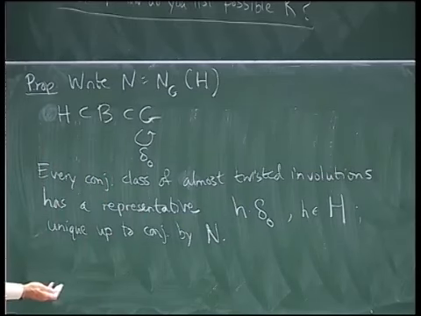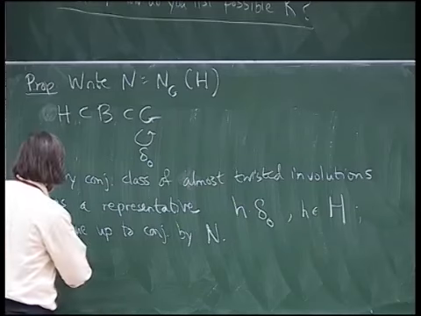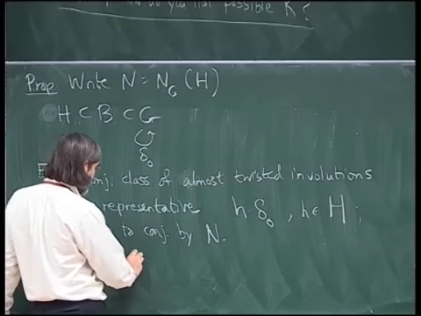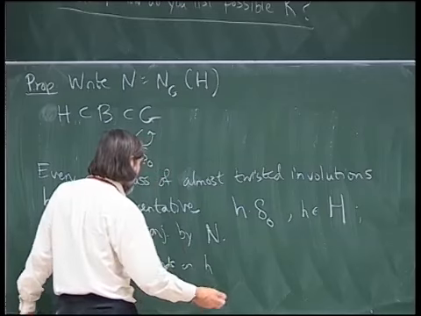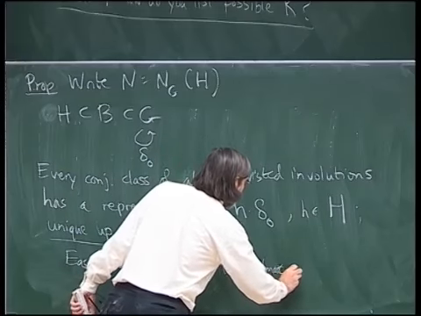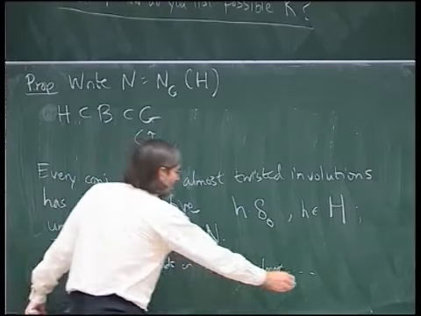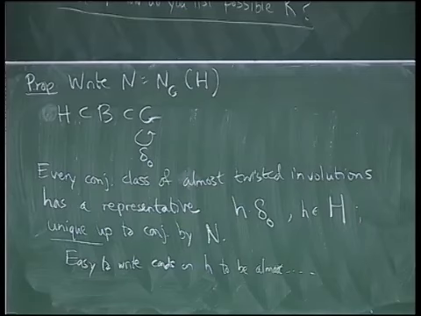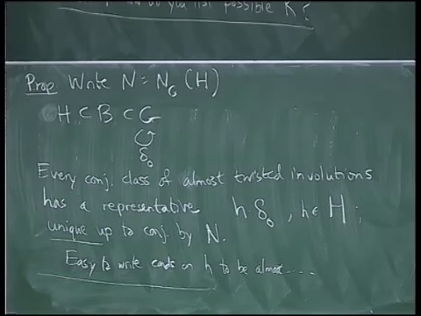So, well, I just want to say that it's easy to write the conditions on h to be an almost twisted involution, and, well, I don't want to go much further in this direction.